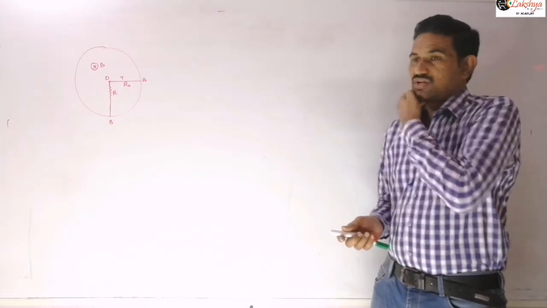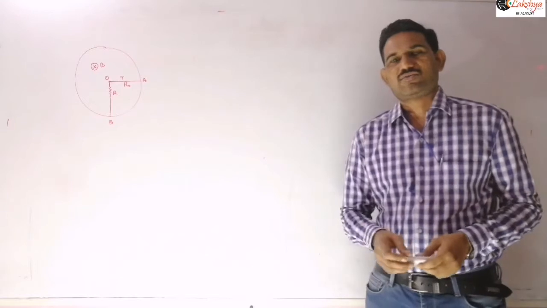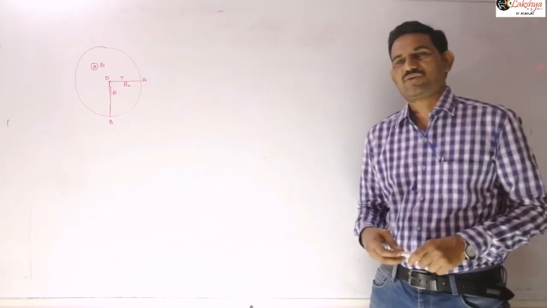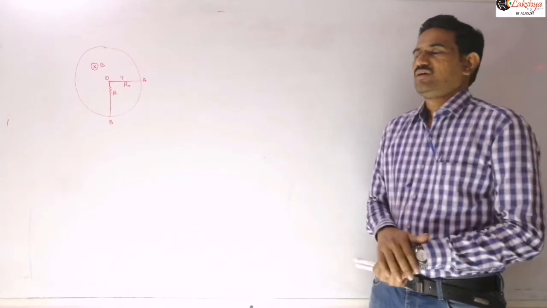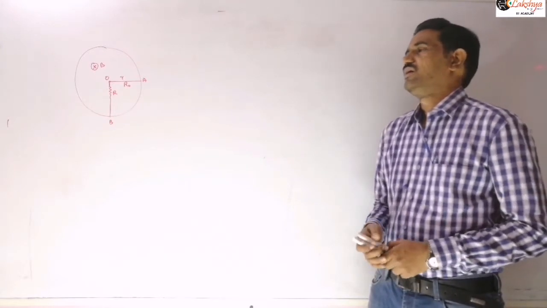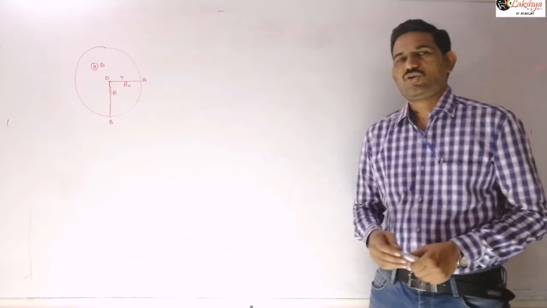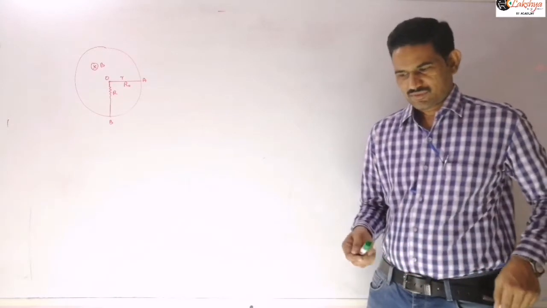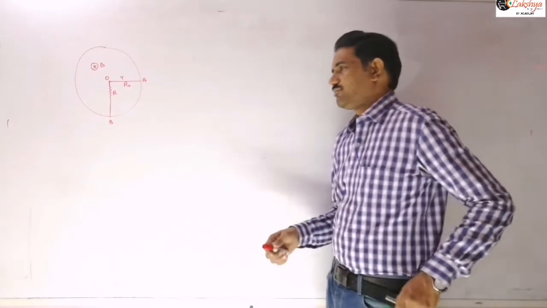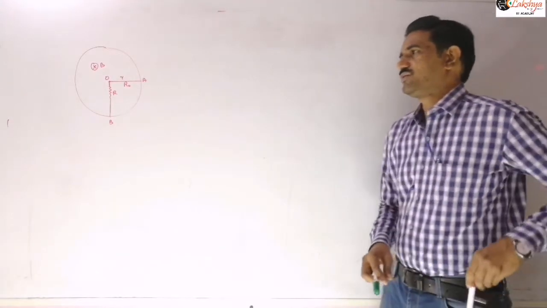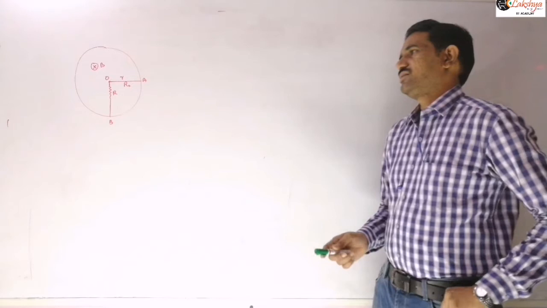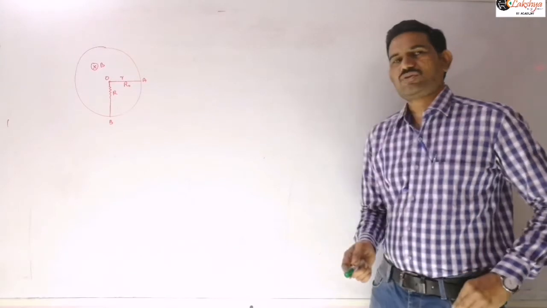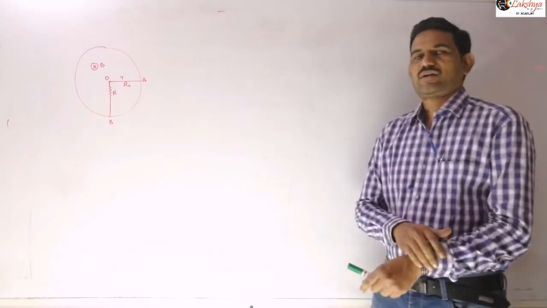The rod is rotating with uniform angular velocity omega in a normal magnetic field B. Then find the current flowing through the rod.